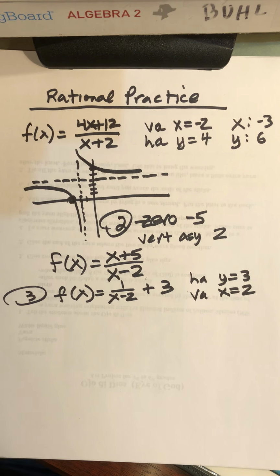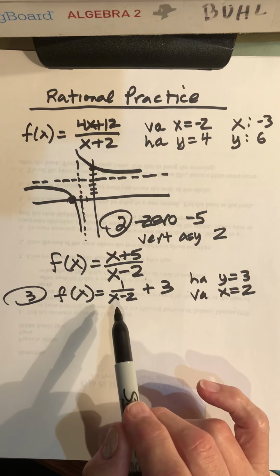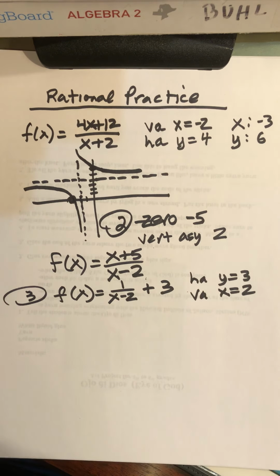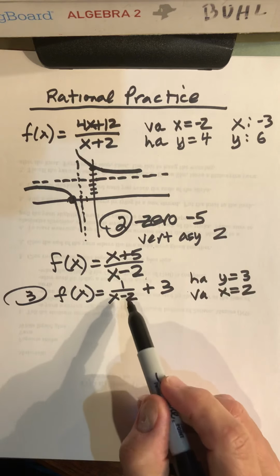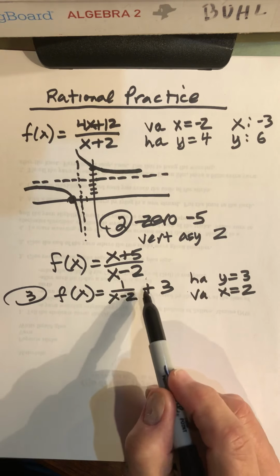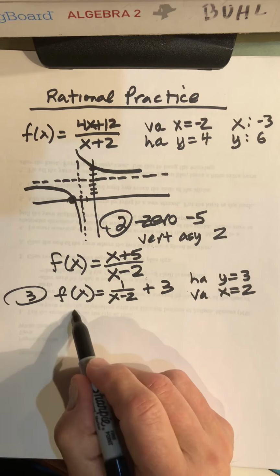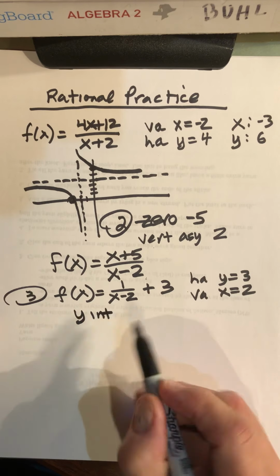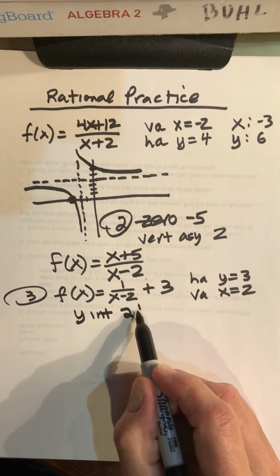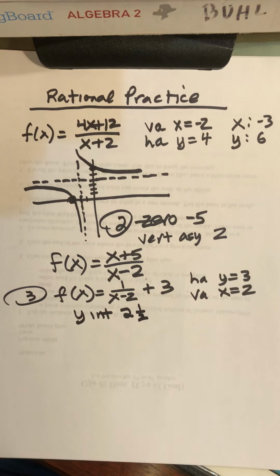And again, I know I've shifted this thing 2 to the right and up 3. What about some intercepts? Well, the y-intercept occurs when x is 0, so this becomes -1/2 plus 3, so the y-intercept is going to be 2.5, right? And what about the x-intercept?